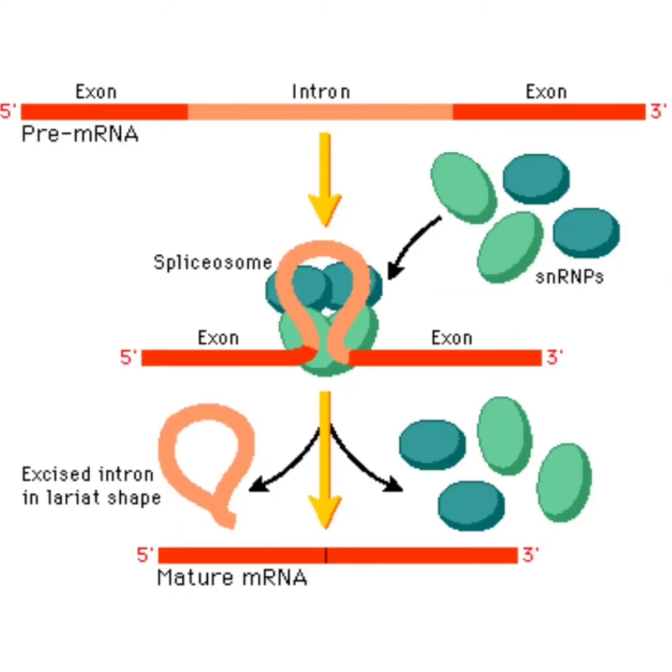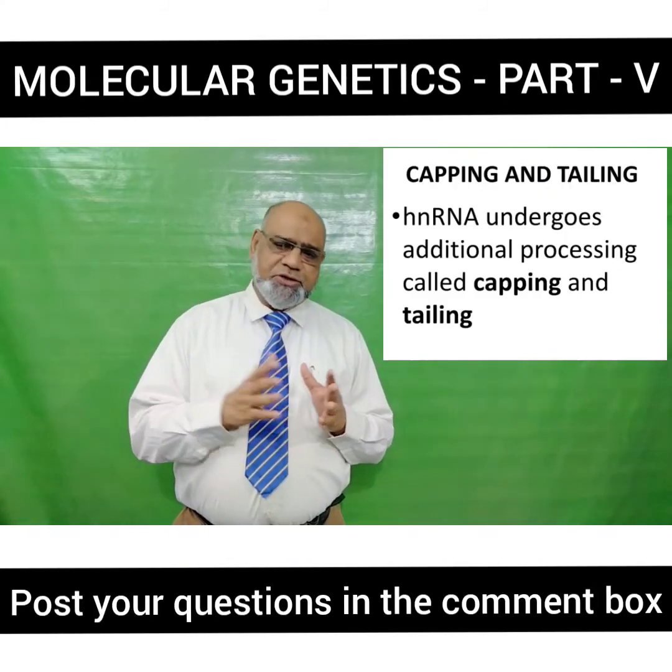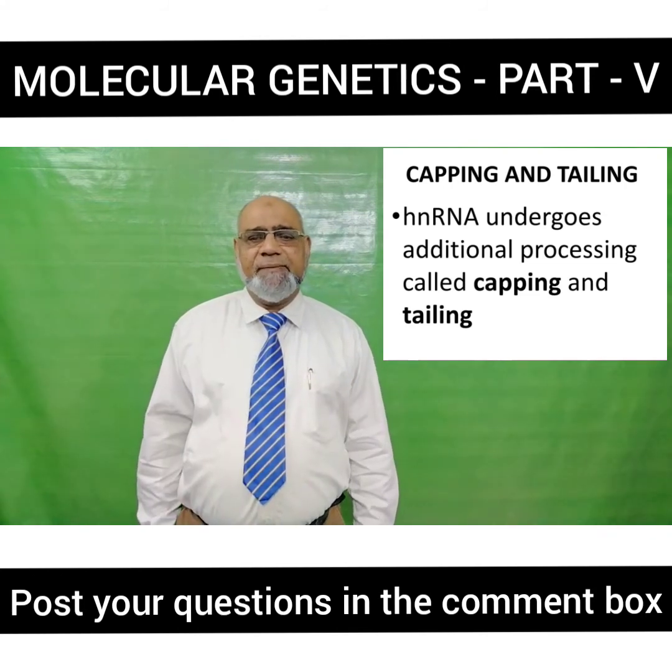The splicing occurs by the spliceosomes in the presence of snRNPs, and the excised introns are in the shape of a lariat. The mature RNA does not contain the introns, only the exons. HnRNA undergoes additional processing called capping and tailing.